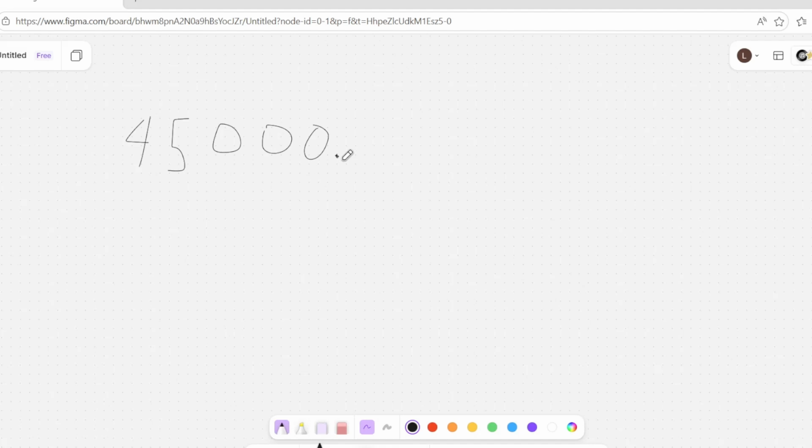We need to move this decimal point a certain number of decimal places. In this case, we want to place the decimal point in between 4 and 5.